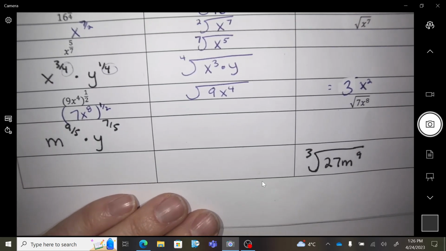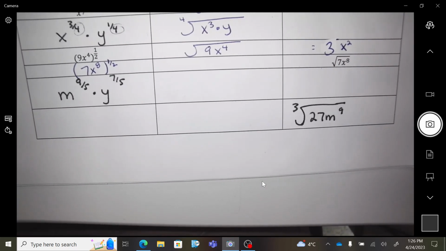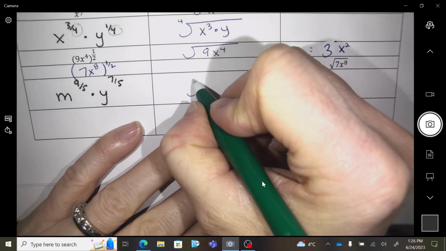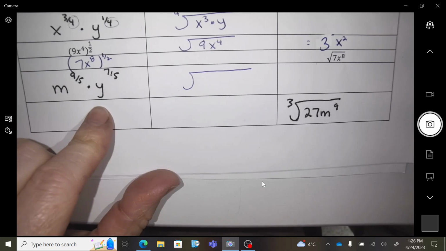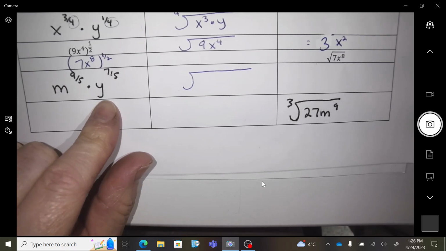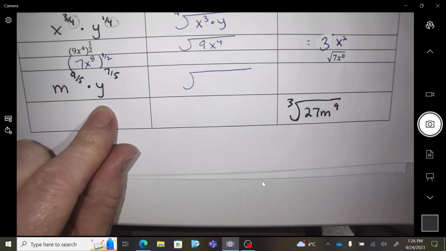Brackets are important there, because the whole unit is under the square root.